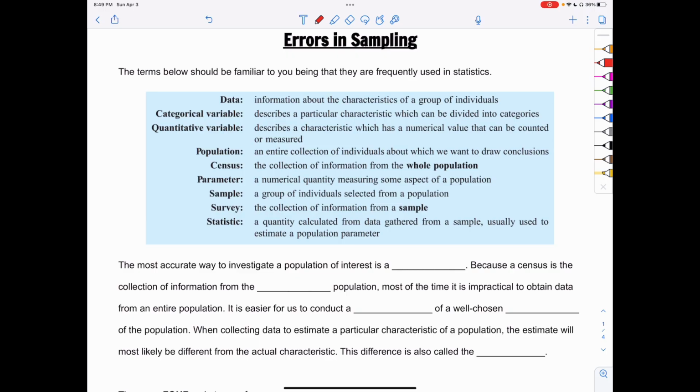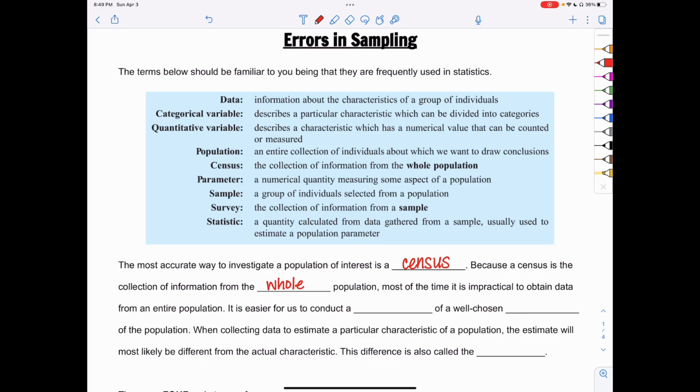The most accurate way to investigate a population of interest is to use what we call a census. Because a census is a collection of information from the whole population, most of the time it's impractical to obtain data from an entire population.